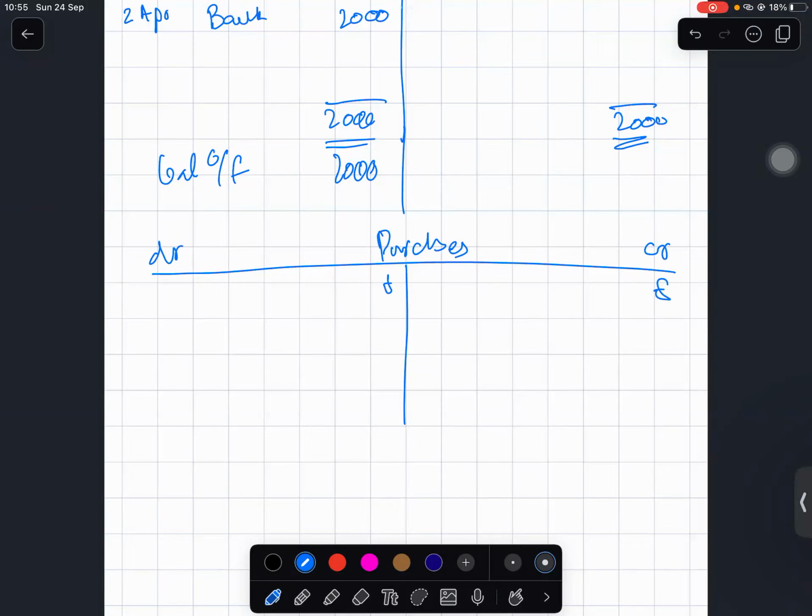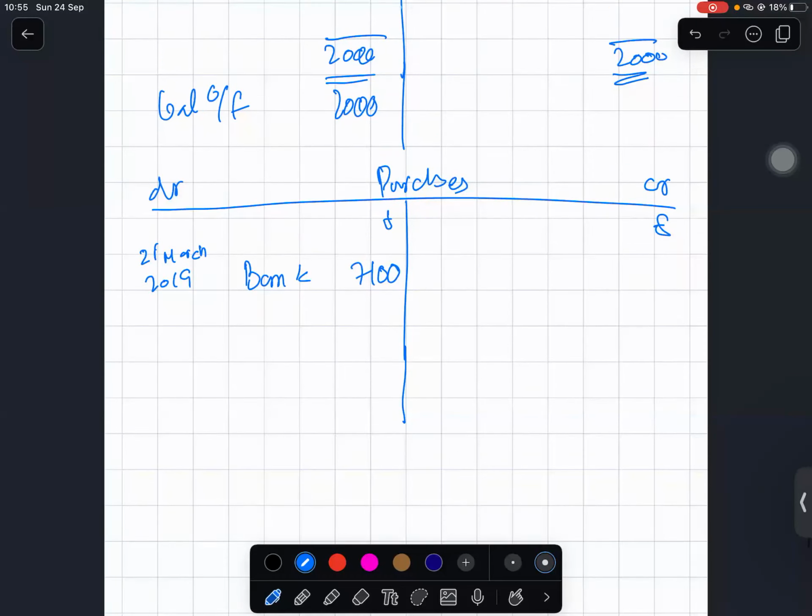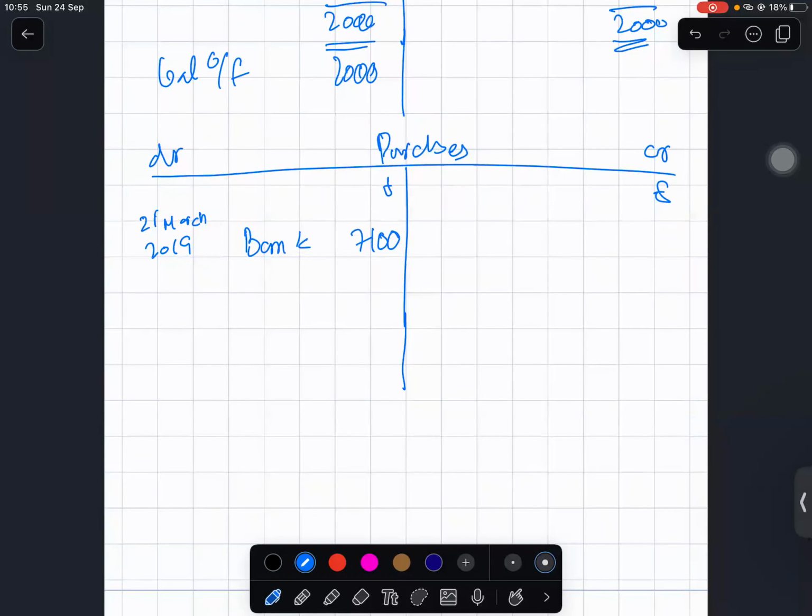Over here, again, we look at the transactions and we see that purchases has a debit balance. So whenever they're increasing, we write that on the debit side. So 25th March 2019, we made purchases via bank, via check for 7,100. After that, we purchased goods on credit from Tennis Limited for 3,400.